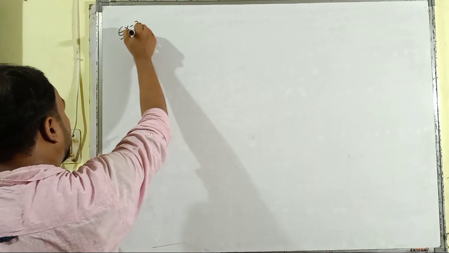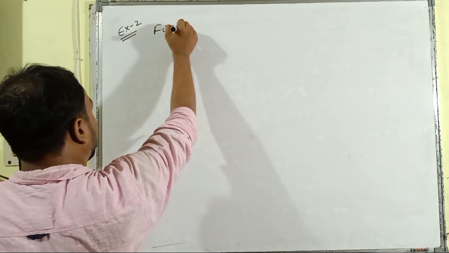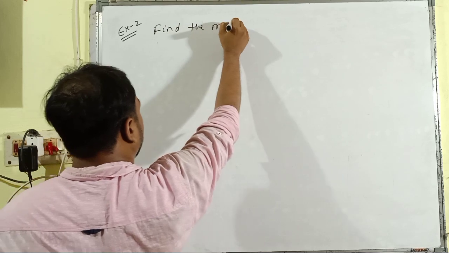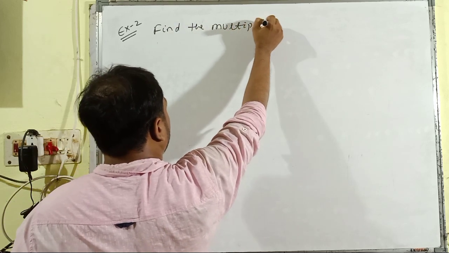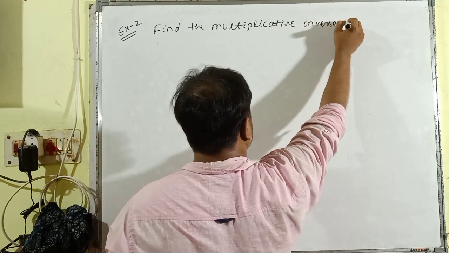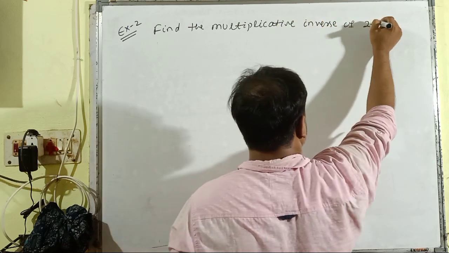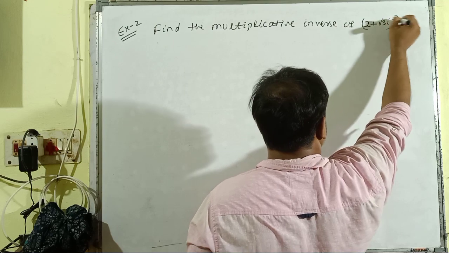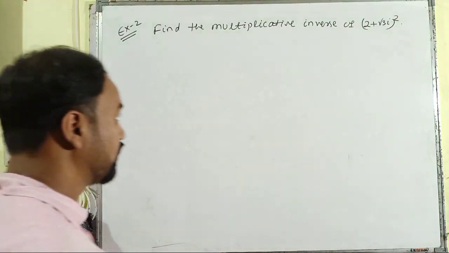Example number 2: find the multiplicative inverse of whole square of 2 plus root 3i.